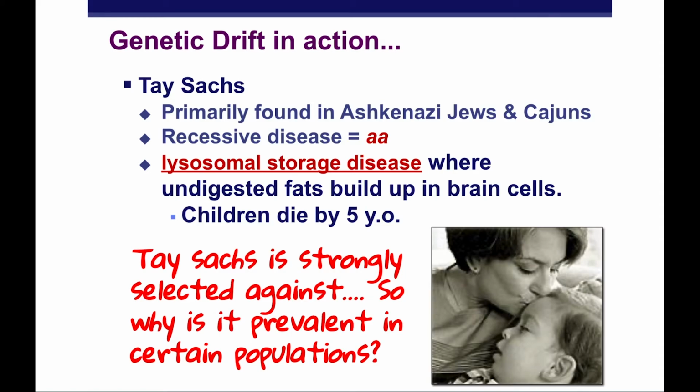And because the populations were quite small when they started, that trait overrepresented itself in the population that is now currently in the US. In this disease, because your lysosomes are not working the way they should, you get fat to basically build up in your brain. And eventually, children that have two Tay-Sachs alleles, so they're homozygous recessive, end up dying at a very young age.